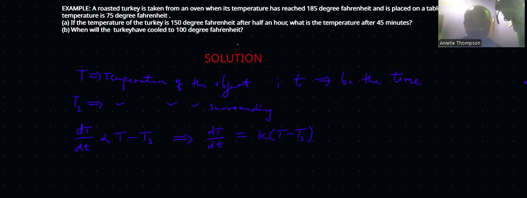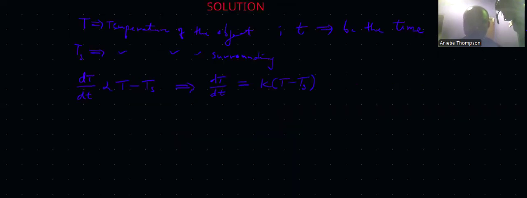So this is what the differential equation is. Don't forget, not everything is a constant here. The only thing that is a constant here is Ts, the temperature of the surrounding. T, the temperature of the object, is a function of time, meaning that as the object stays, it shares the temperature with its surrounding as time passes.